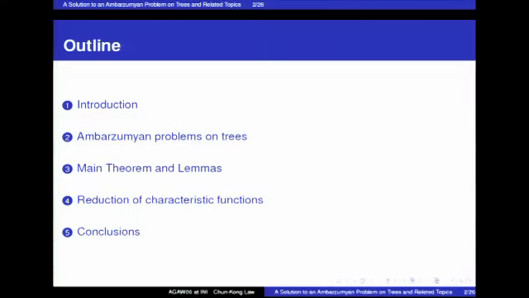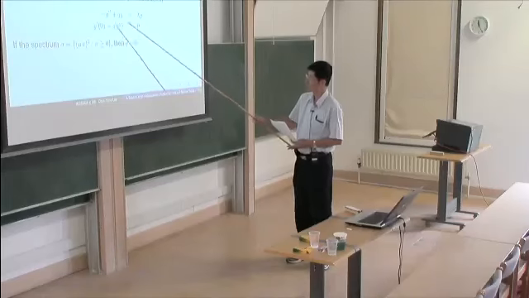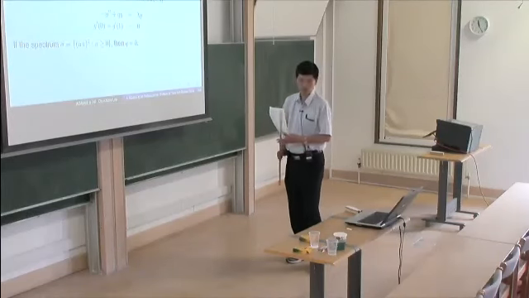So this is a kind of an outline. The classical Ambarzumyan problem, 1929: in fact, the set of spectrum n pi square can uniquely determine Q when you have a Neumann boundary condition, and this is the single instance where one set of eigenvalues can determine the potential function on an interval.